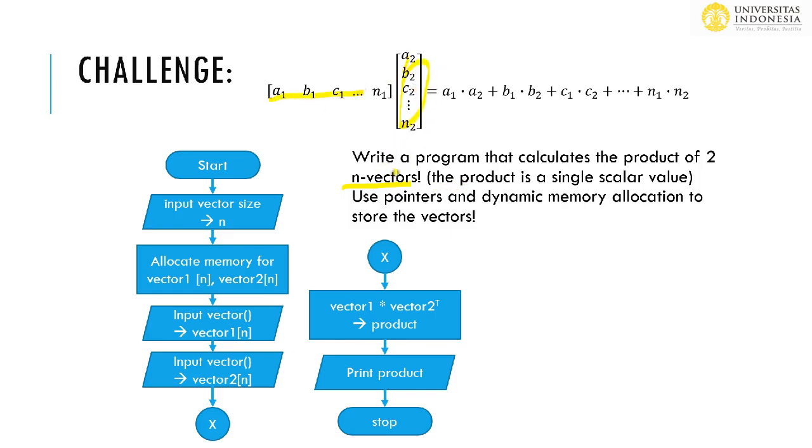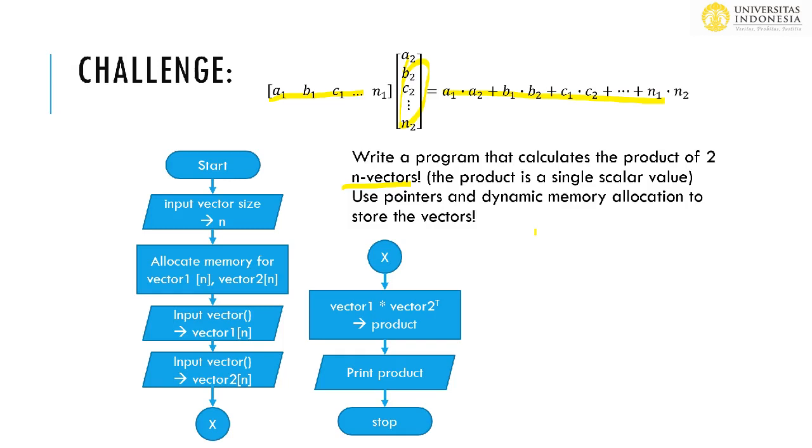So the first and the second factor should be transposes of each other, with the same number of elements, and you get the result of those products.